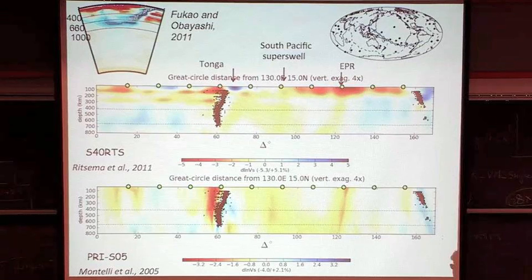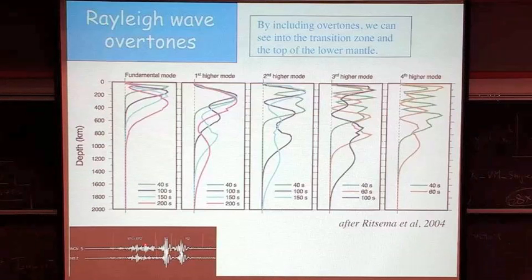Anyway, the bottom line is, if you want to get better pictures, you have to have many types of data. So surface waves, we discussed surface waves. Adam also discussed overtones, but I just wanted to clarify a little bit. In surface waves, you have the fundamental modes. This is an observed and this is a synthetic seismogram.